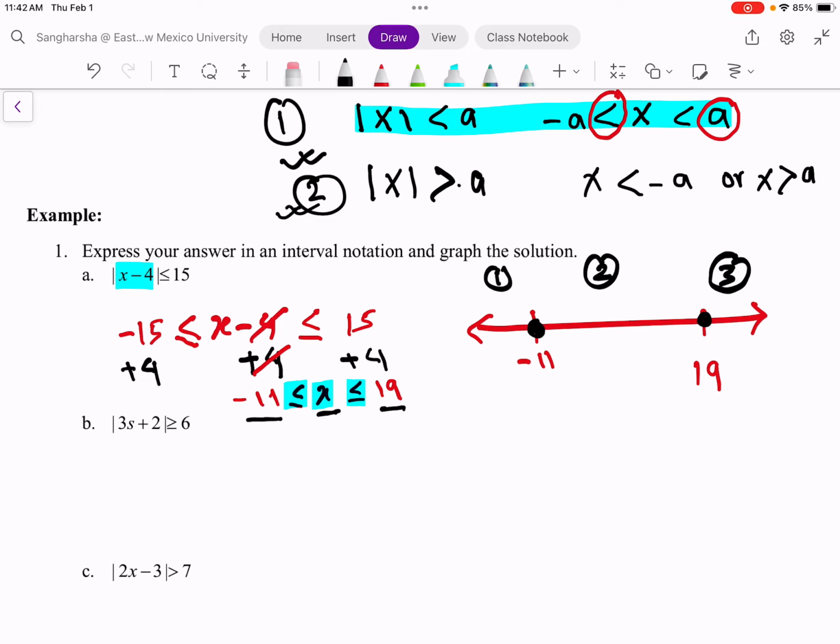So this is our solution. Every number in between these two numbers is a solution. So we write this in interval notation: negative 11 bracket because it's a closed circle, to 19 bracket, it's a closed circle. So this is the solution for this absolute value inequality.